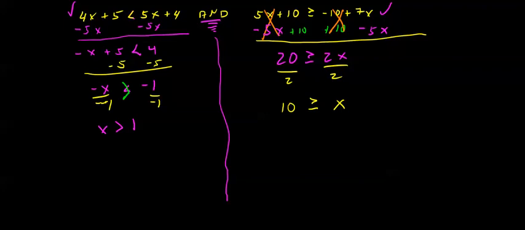Now here is something you need to do. This point right here, that little point, is pointing at the x. So when I rewrite this with x and 10, because I want the x on the left, the point is at the x.